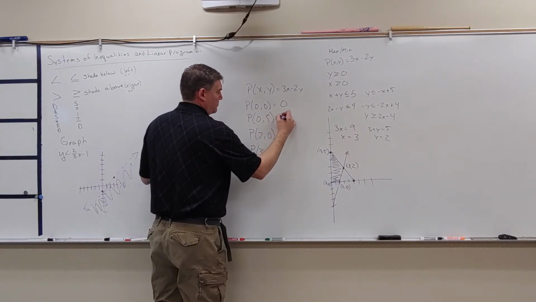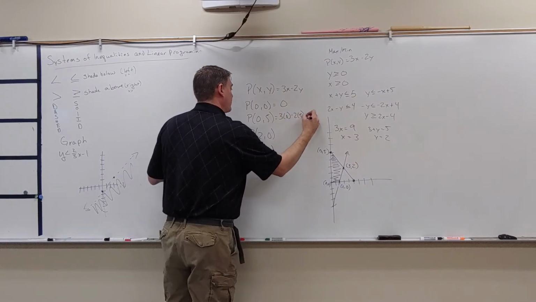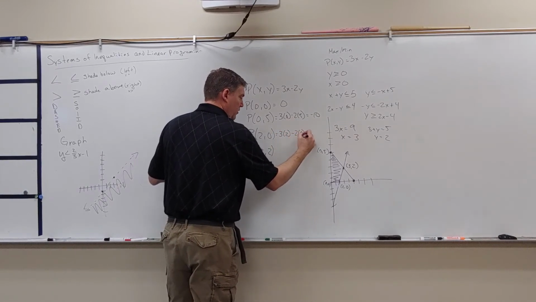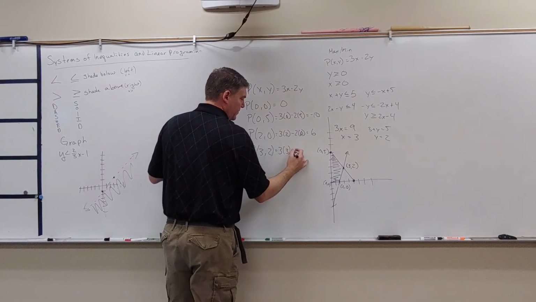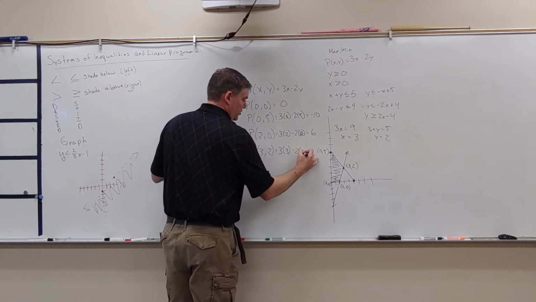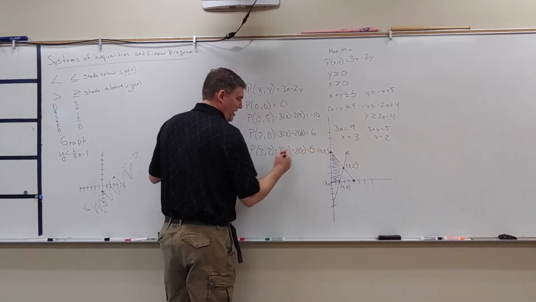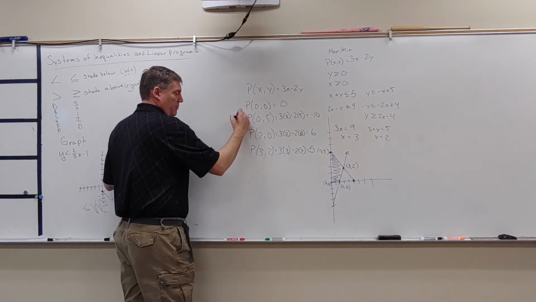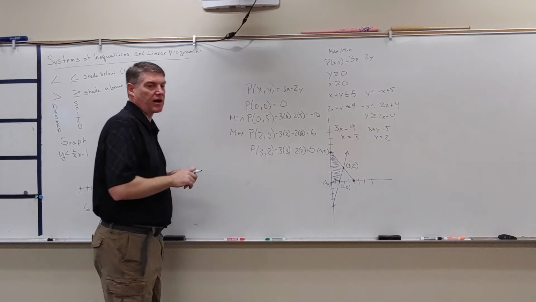And this becomes 3 times 0 minus 2 times 5, which is negative 10. 3 times 2 minus 2 times 0 is 6. And this gives me 3 times 3 minus 2 times 2, which is 9 minus 4, which is 5. Okay? So this is my minimum value. This is my maximum value.